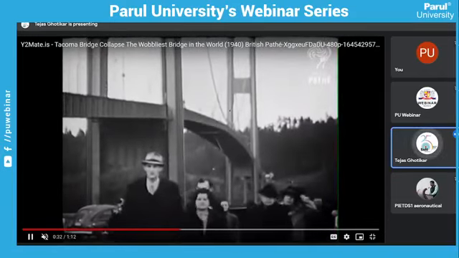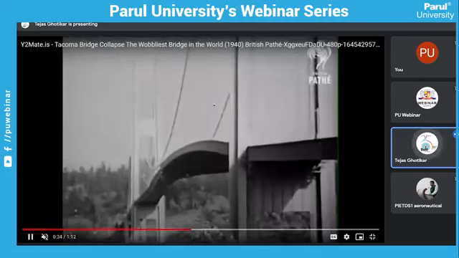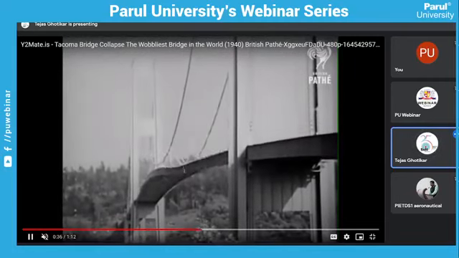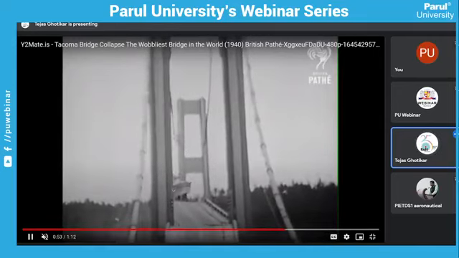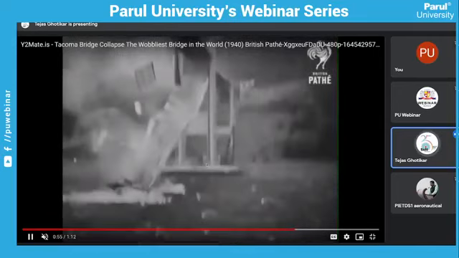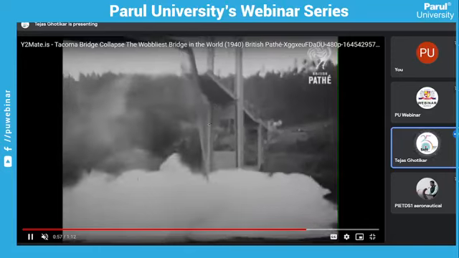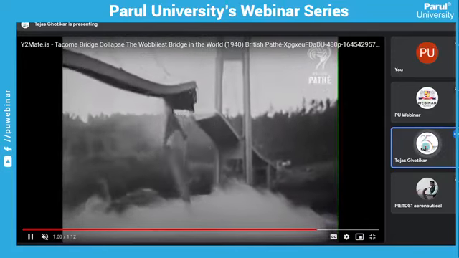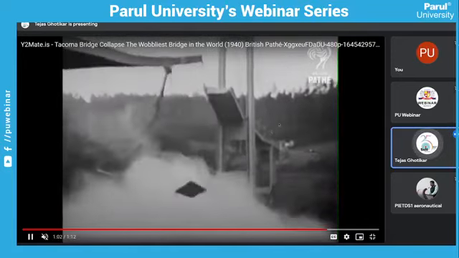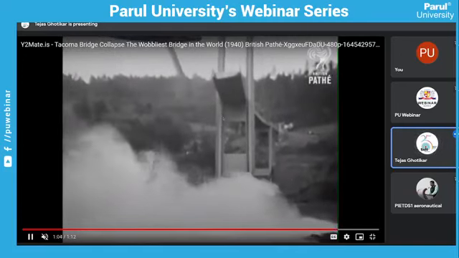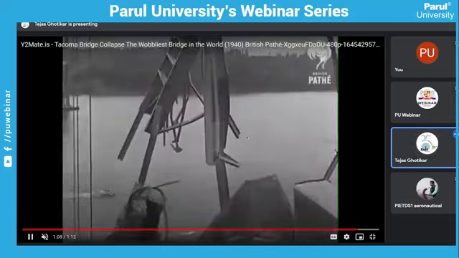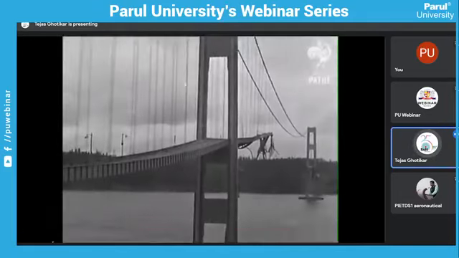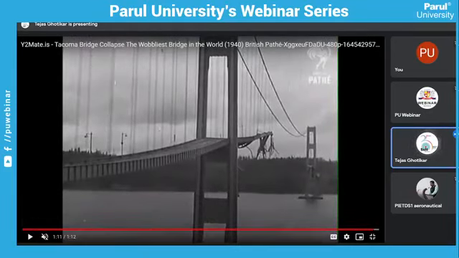You can see the bridge started vibrating, and it collapsed. There was not much load on the bridge, but the natural frequency of the bridge matched the wind frequency, and the bridge collapsed. That was one example.